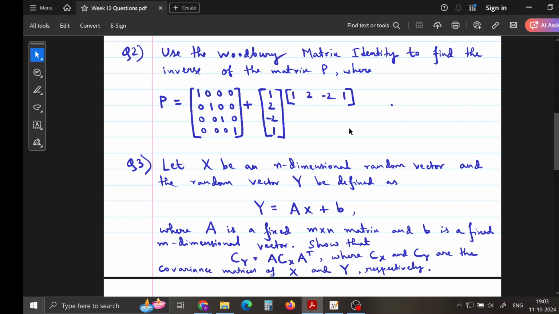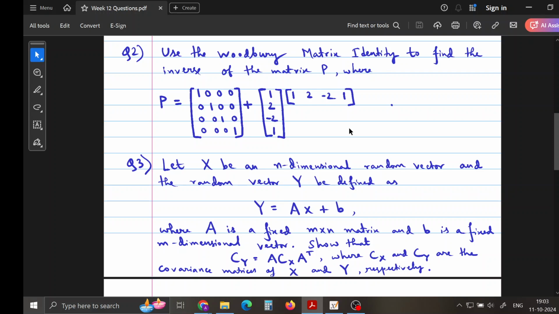Okay, so dimensionally this equation makes sense, right? Because y is m by 1, A is m by n, x is n by 1, so the product Ax is m by 1, and you are adding b, which is also m by 1. So overall you are getting y as m by 1. Given this, you have to show that Cy equals A times Cx times A transpose, where Cx and Cy are the covariance matrices of x and y respectively.